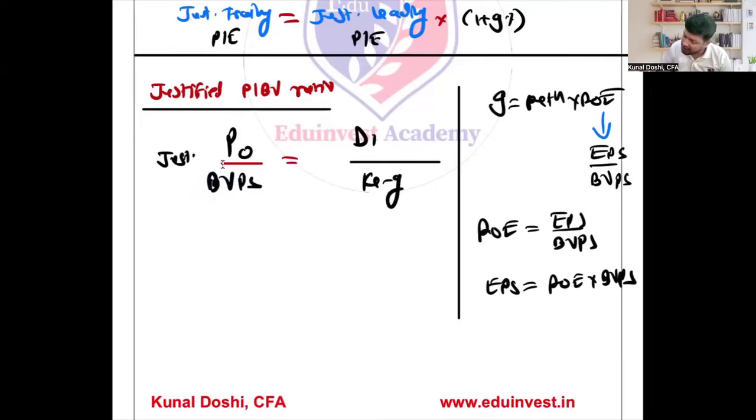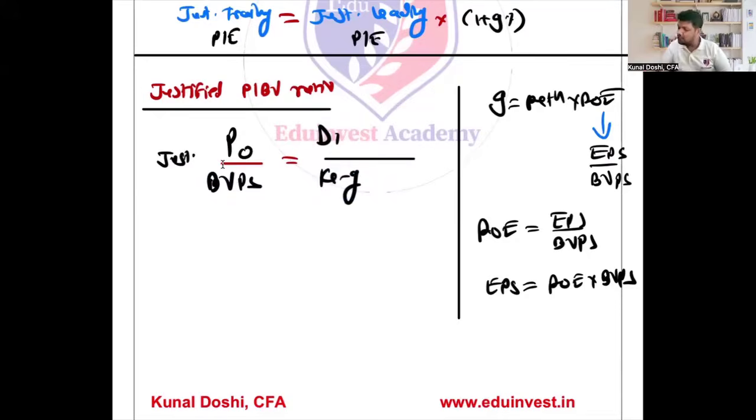Now for price, I use Gordon's growth, D1 over K minus G. But is there anything, dividend over book value per share? ROE. I have earnings. Yes. So if I divide here by the book value per share, how can I derive the dividend?